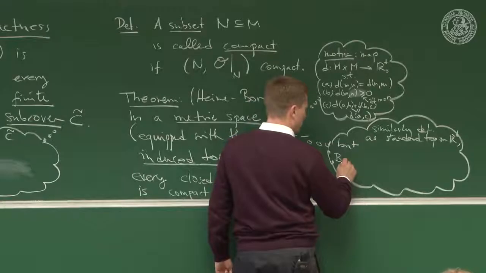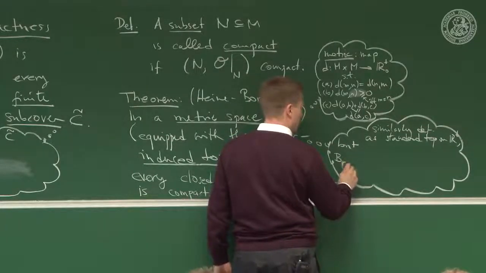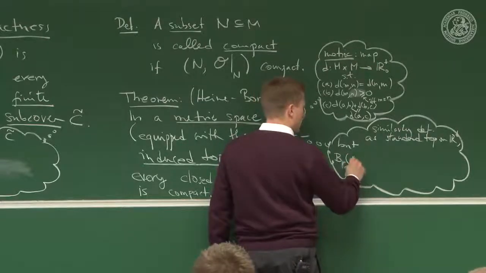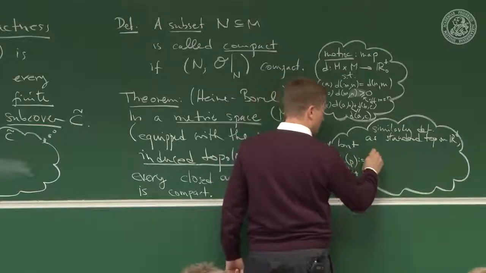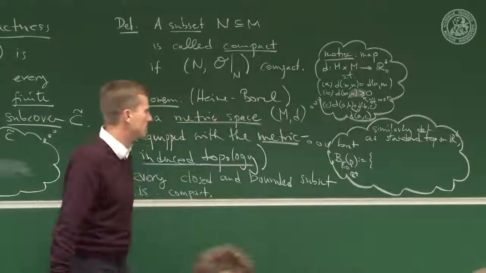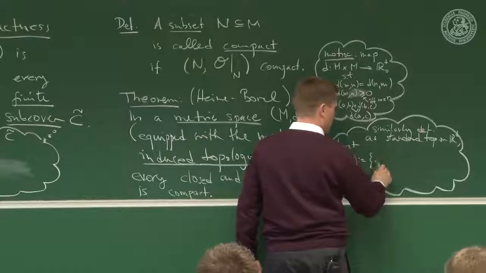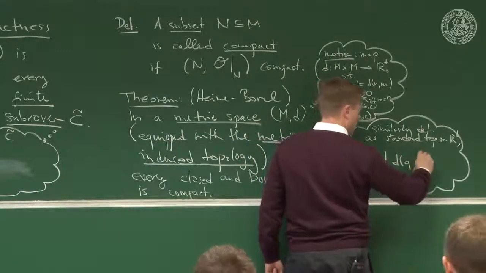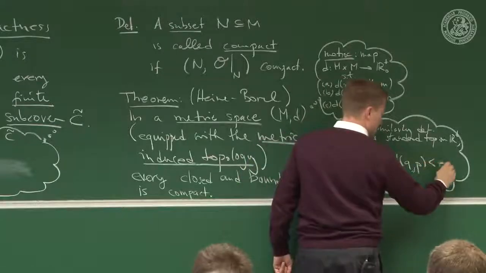The ball around a point P, a ball with radius R in R plus, around a point P of the topological space, is the set of all Q such that the distance from Q to P is less than R.